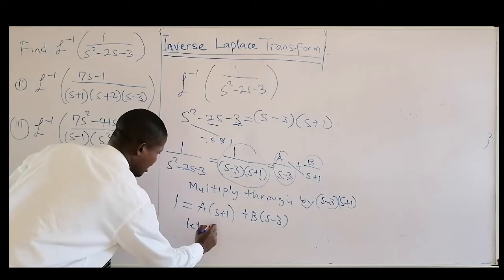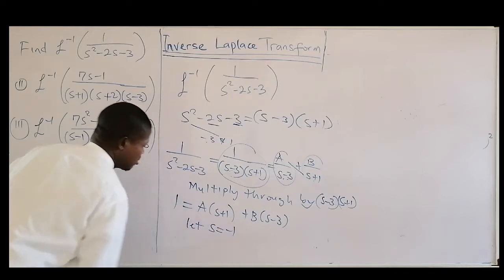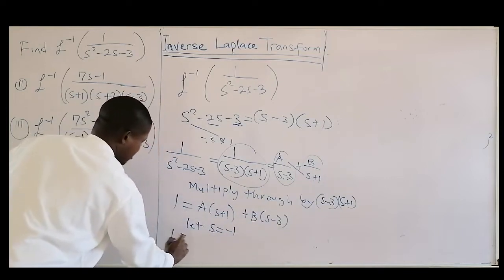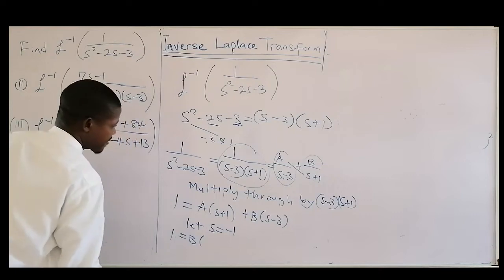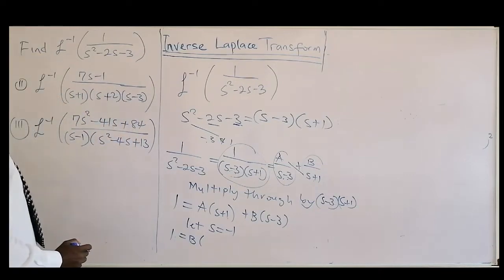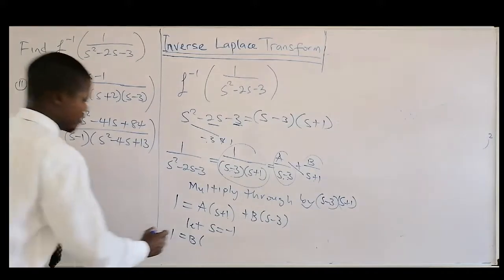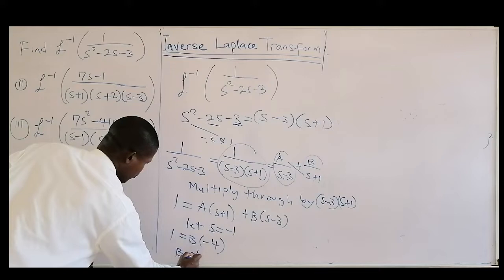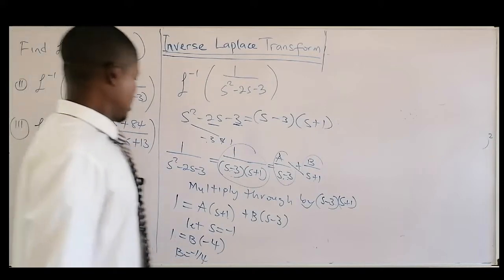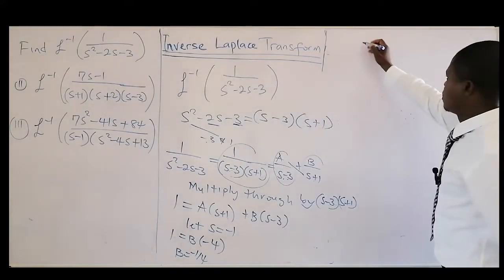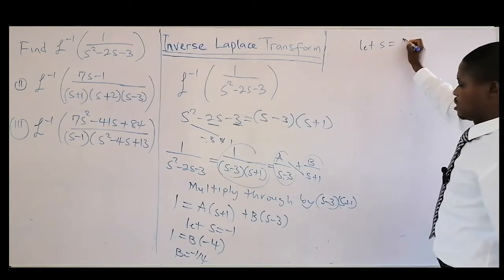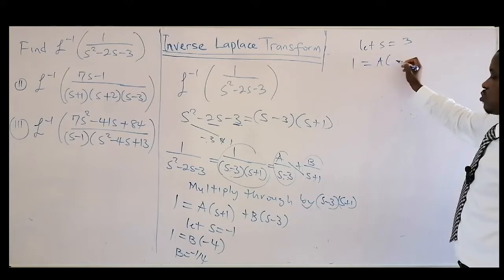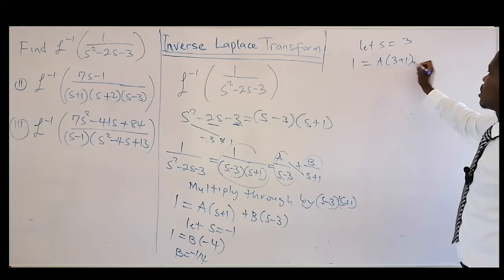Let x be equal to minus 1. So we have 1 equals, minus 1 plus 1, that one cancels. Then I have here B into bracket 1 minus 3, no, minus 1 minus 3, that's minus 4. So B is minus 1 over 4. Then let x be equal to 3. So we have 1 equal to A into bracket 3 plus 1, and that's 4.